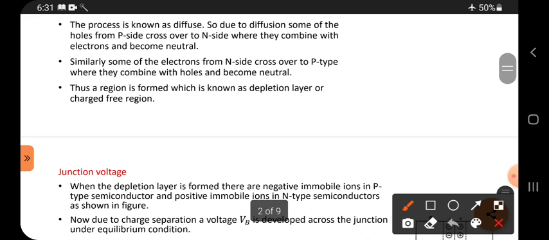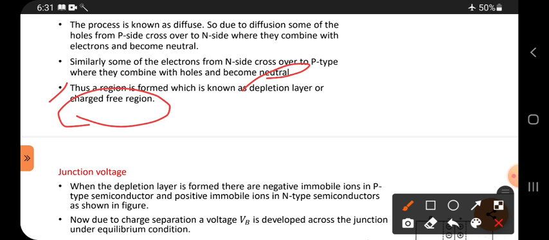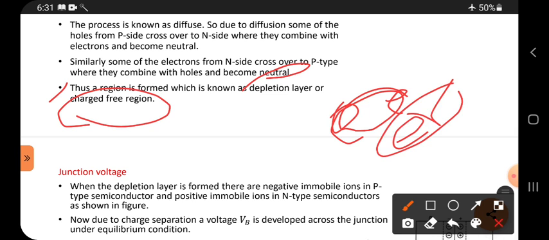Neutral means after combination we get neither positive nor negative. Thus a region is formed which is known as the depletion layer or charge free region. Charge free means no charges are present there, so neither hole nor electron can be present there. The region is a recombination, or combined state, of electron and hole.